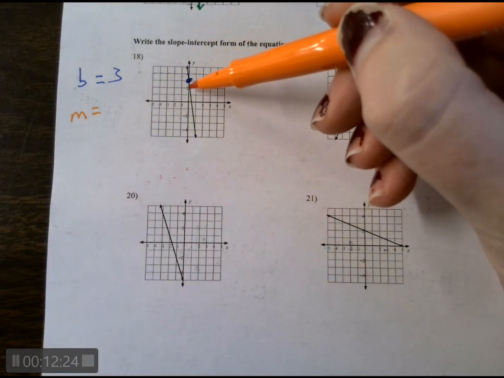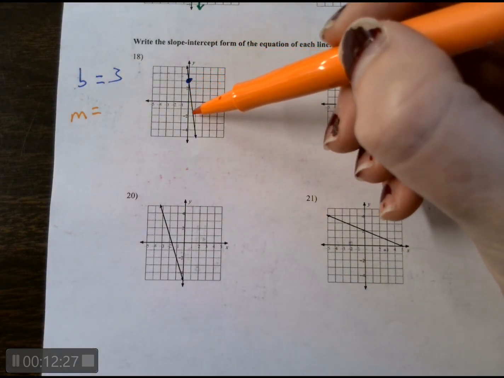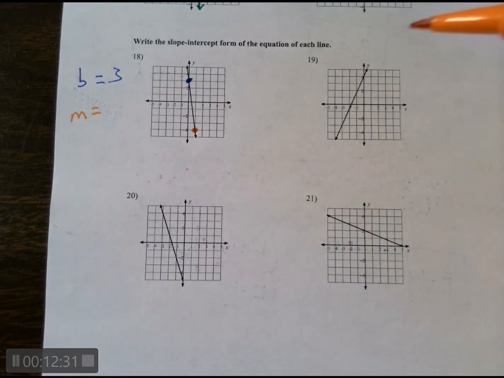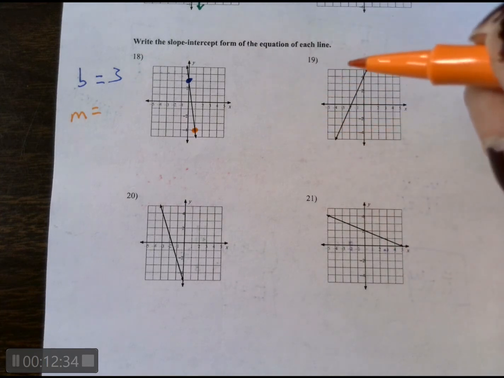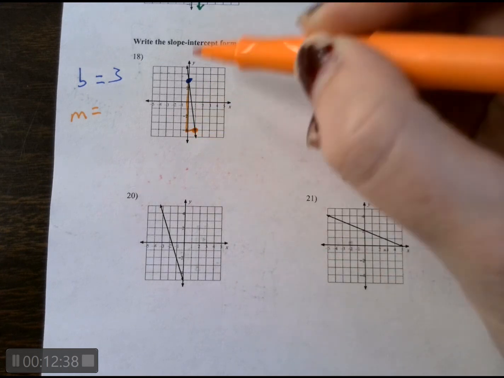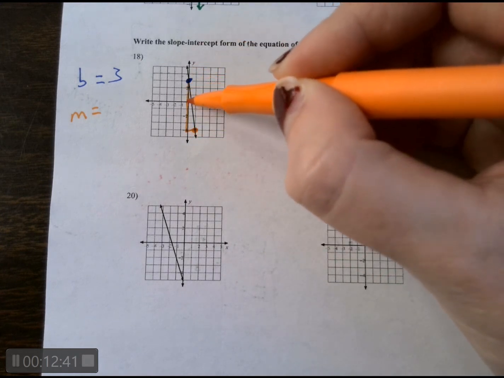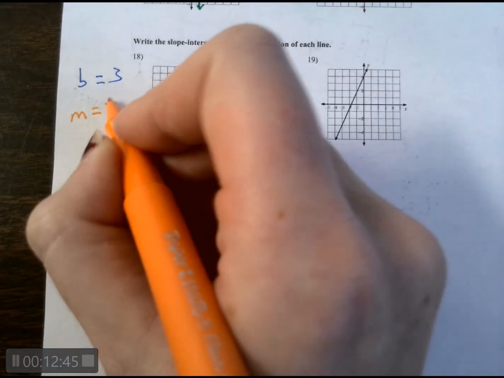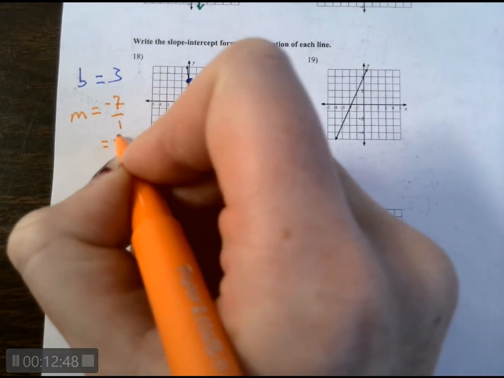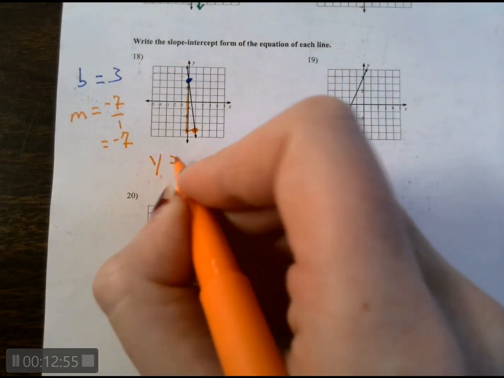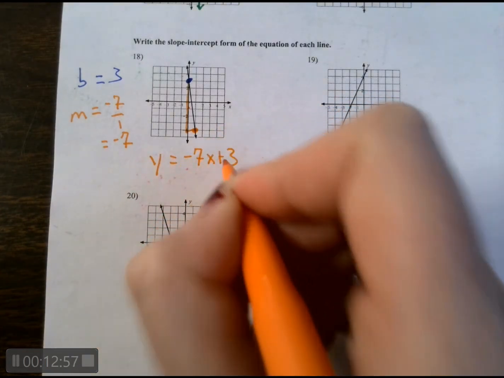So we have a pretty point here, and then we have a pretty point right here, okay? Because remember, it's where it crosses your T perfectly. All right, so now we can go all the way down. So we're going to go down 1, 2, 3, 4, 5, 6, 7, and to the right 1. So -7/1 just equals -7. So when we write our equation, it's going to be y equals -7x plus 3.